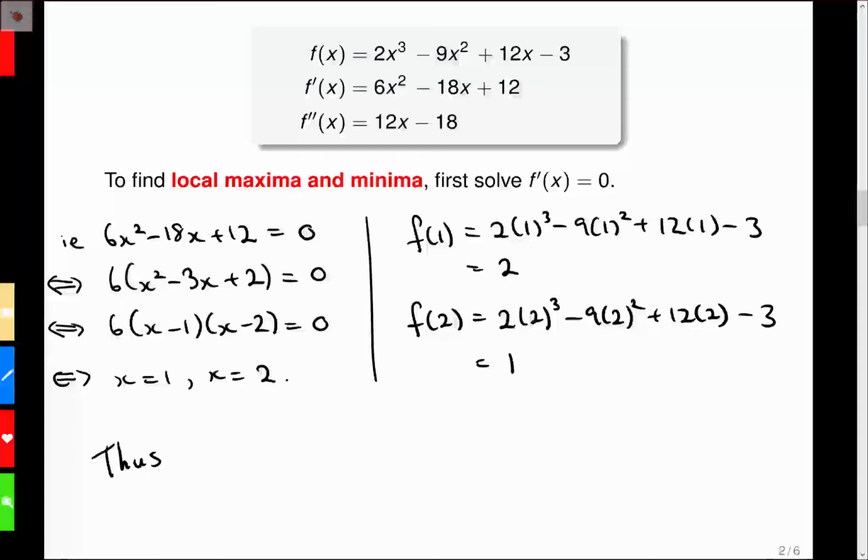Thus, the points (1, 2) and (2, 1) are possible turning points.